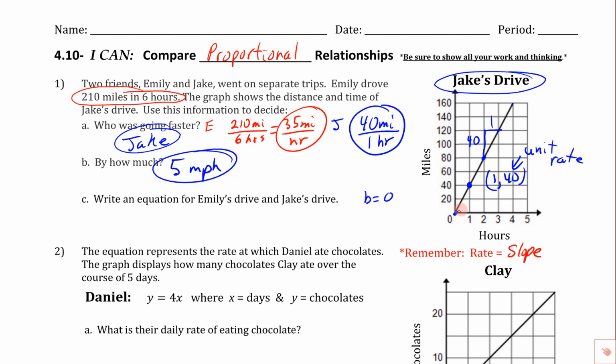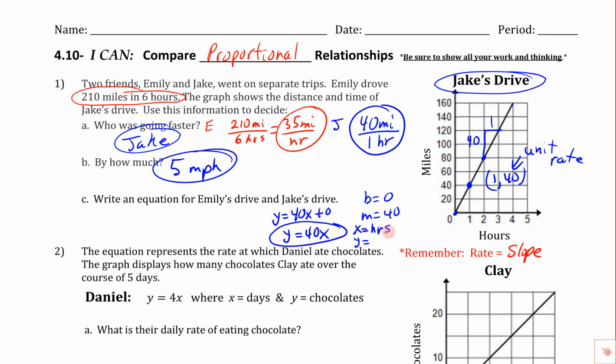And then the slope is the same as the rate, which we already found. So the slope on this one is 40. So for Jake, y equals 40x plus 0, or just y equals 40x. So I'm going to put a circle around that. And again, we always want to remind people on this, because these variables can represent lots of different things.